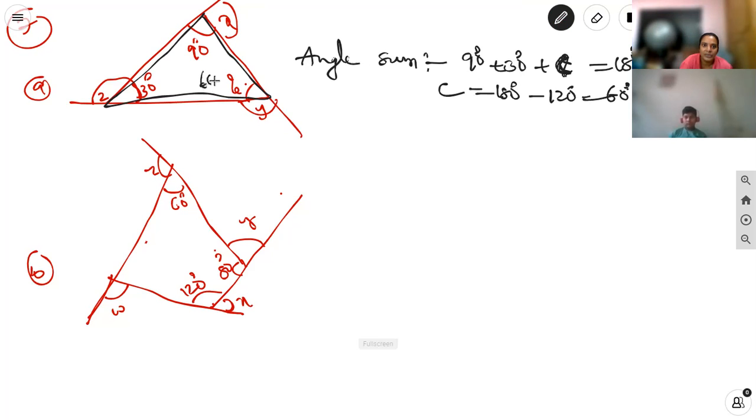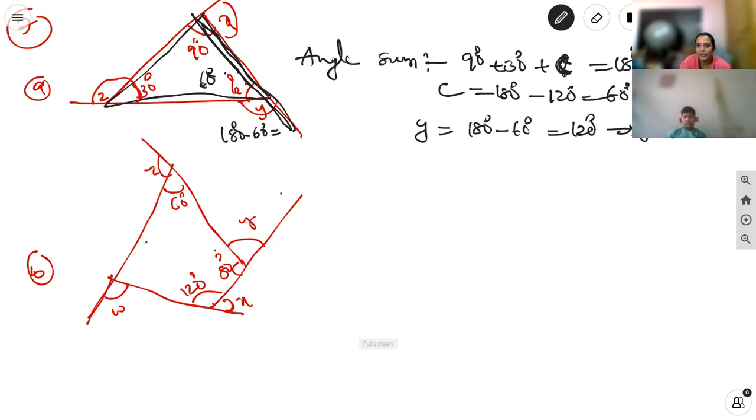And it is a straight line, so Y equals 180 minus 60, which equals 120 degrees. So Y equals 120 degrees.